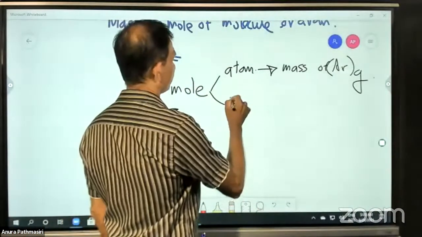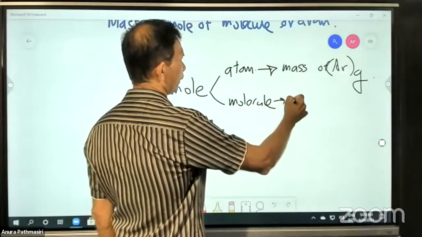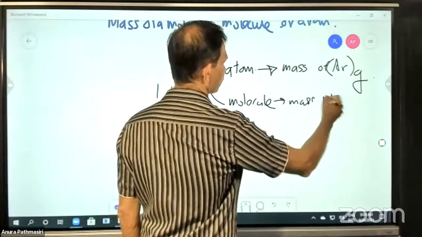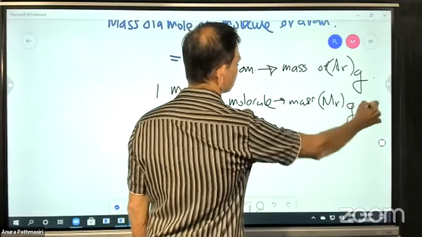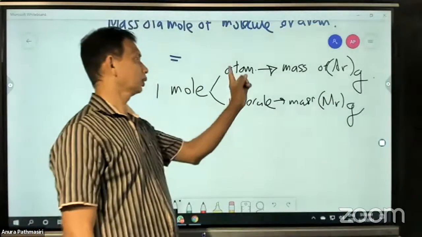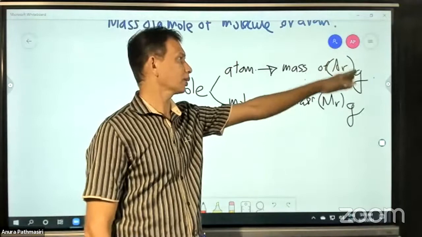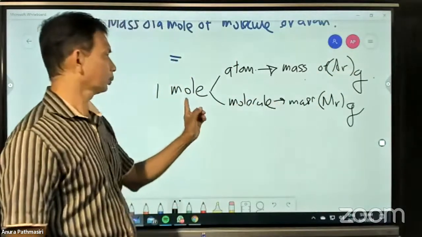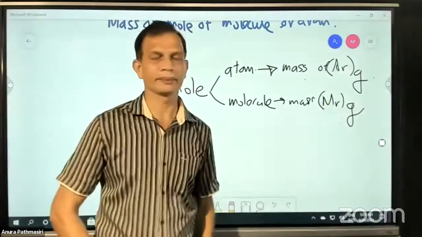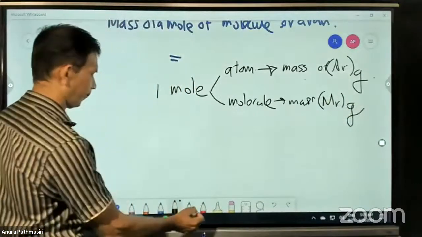Or for a molecule, the mass of Mr in gram. So 1 mole equals, if you consider atom, the relative atomic mass in gram; 1 mole of molecule, the relative molecular mass in gram. And I'm going to simplify it like here.